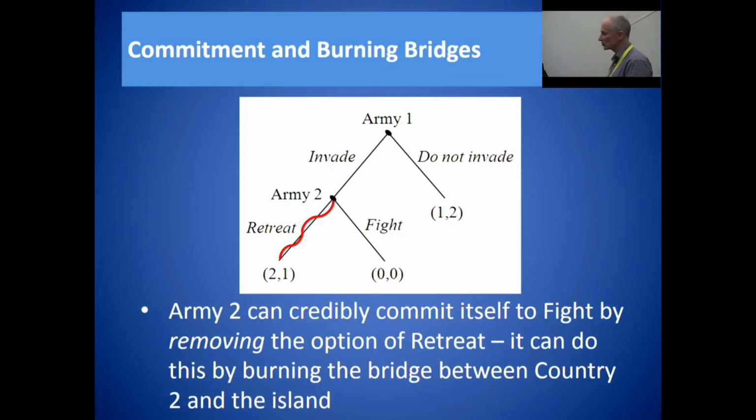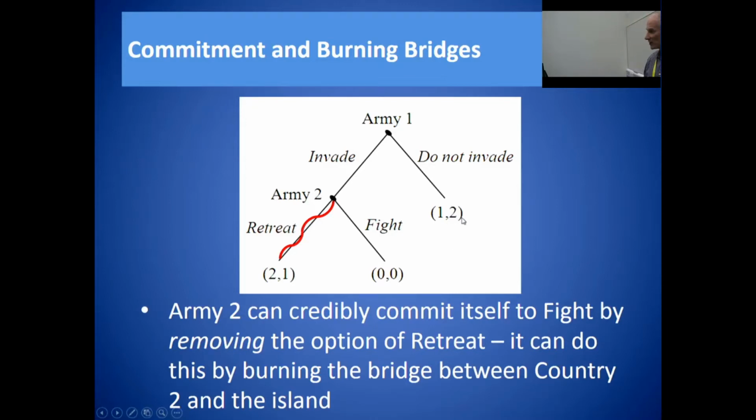Now that it's done this, what does that mean about the commitment or the threat to fight? Army 1 will reason, well, if we invade Army 2, they can't retreat. All they can do is fight. And so we would get a payoff of 0. However, we've got the option of not invading and receiving a payoff of 1.